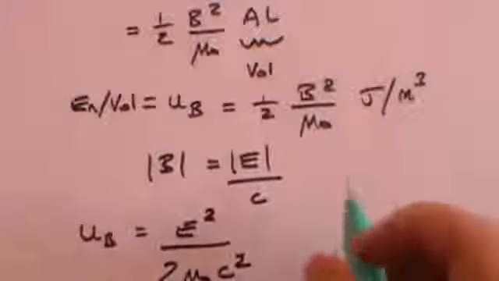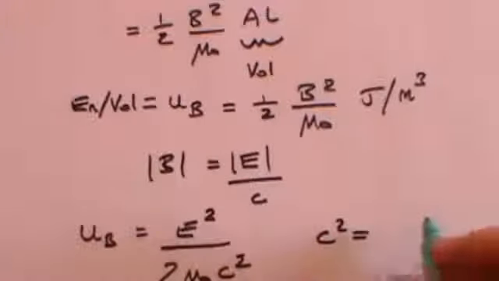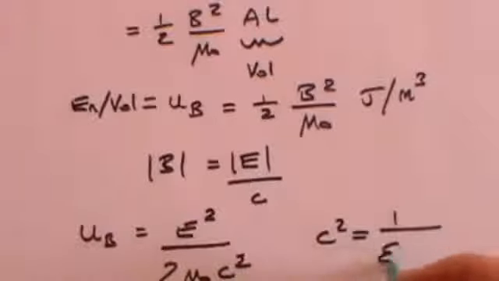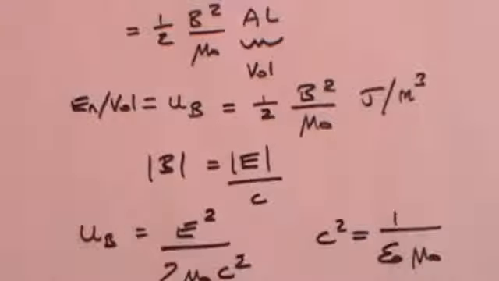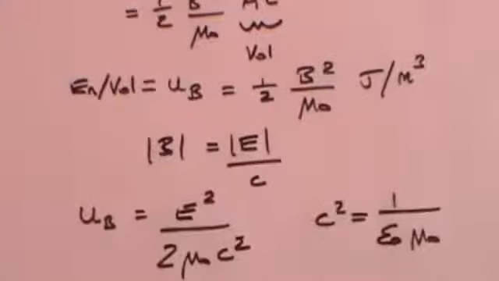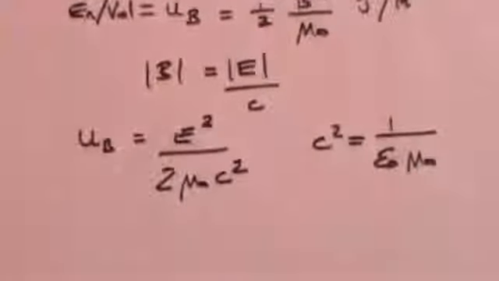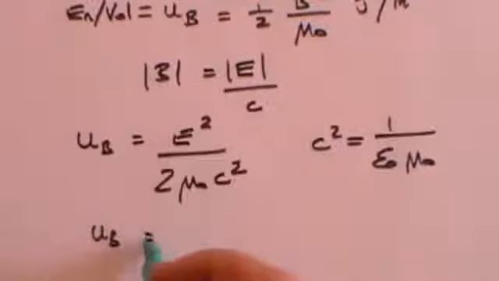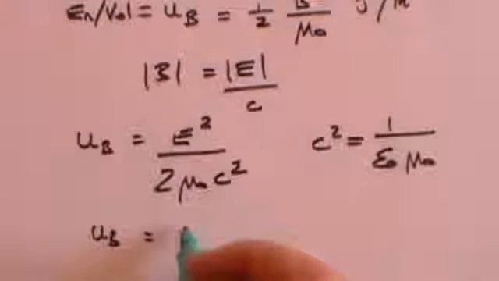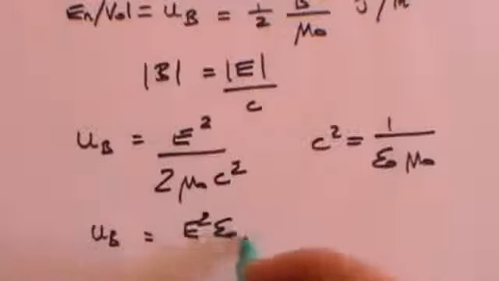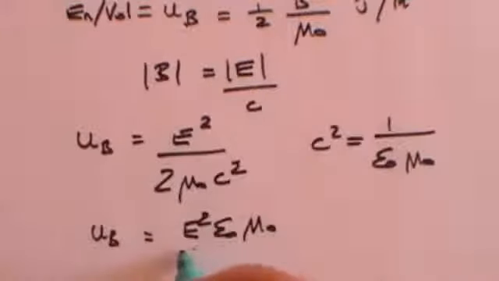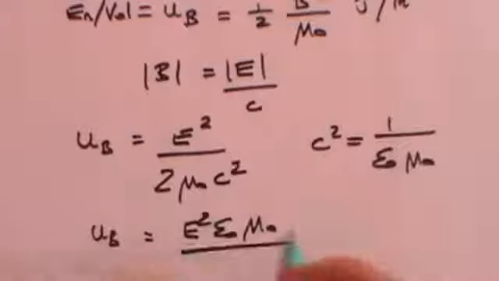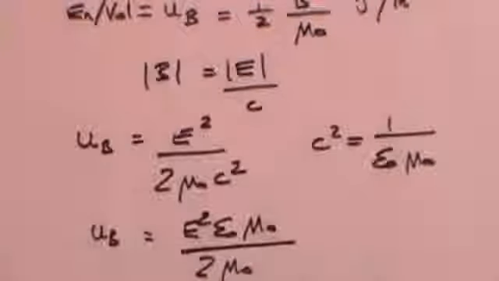Now I'm going to substitute c squared is 1 over epsilon naught mu naught. That we also established in the video on what is light. So if we replace this term c squared by 1 over epsilon naught mu naught, we're now going to get that the energy per unit volume in the magnetic field is E squared epsilon naught mu naught divided by 2 mu naught.